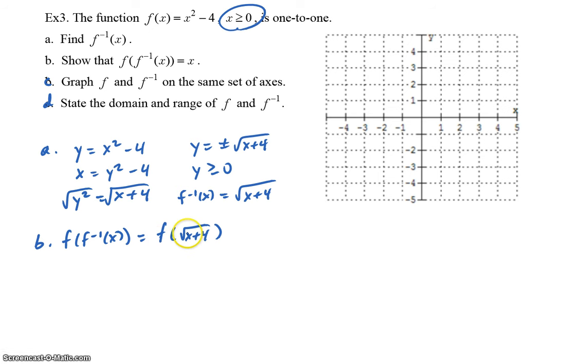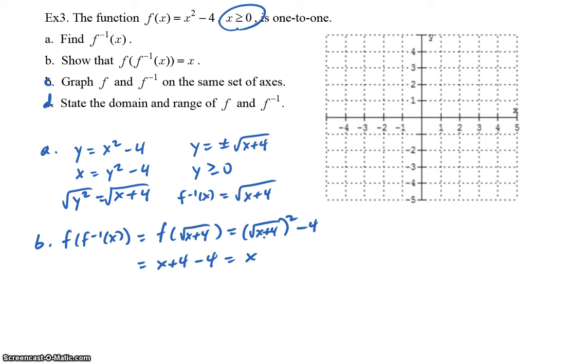For f of x, it's x squared minus 4. So we take whatever we plug in, in this case square root of x plus 4, square it and subtract 4. When we square the square root, we get simply x plus 4. Then we subtract 4. And indeed we get x. So f and f inverse cancel under function composition.